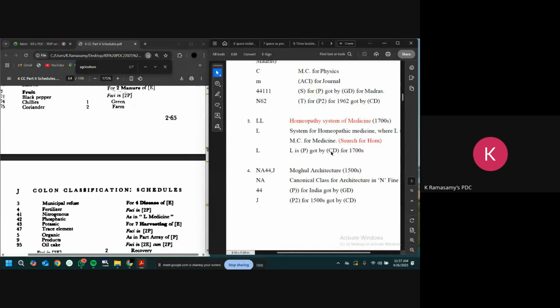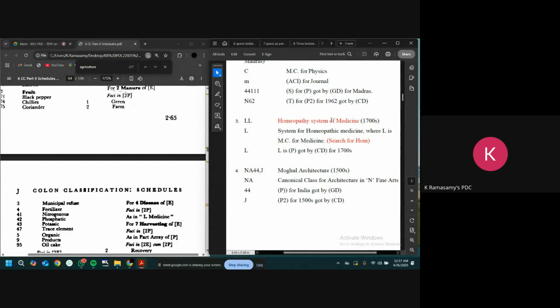And secondly, for example, take medicines. Under medicines, for example, there is a book called homeopathy. You have received a book on homeopathy, and how do they construct a number for homeopathy? Medicine is L, they have given L, and they are giving numbers for different medical systems which evolved over a period of time. They are sharpening the isolate L based on the year of starting of that particular practice.